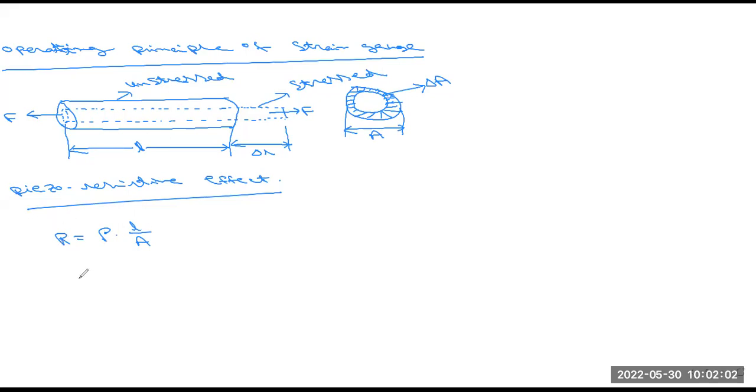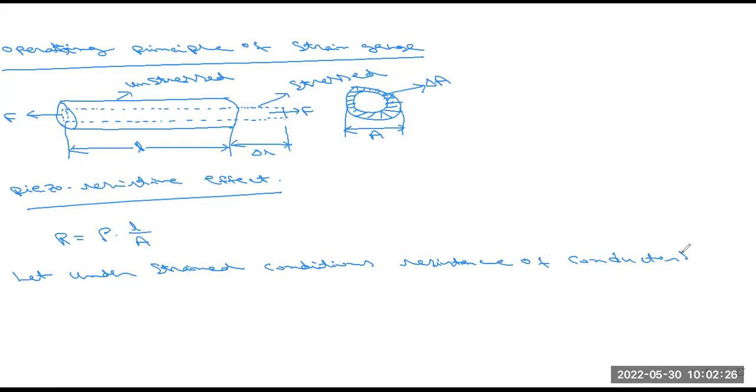Okay, so under strain condition, let the resistance of the conductor be changed by delta R because of the change in length.